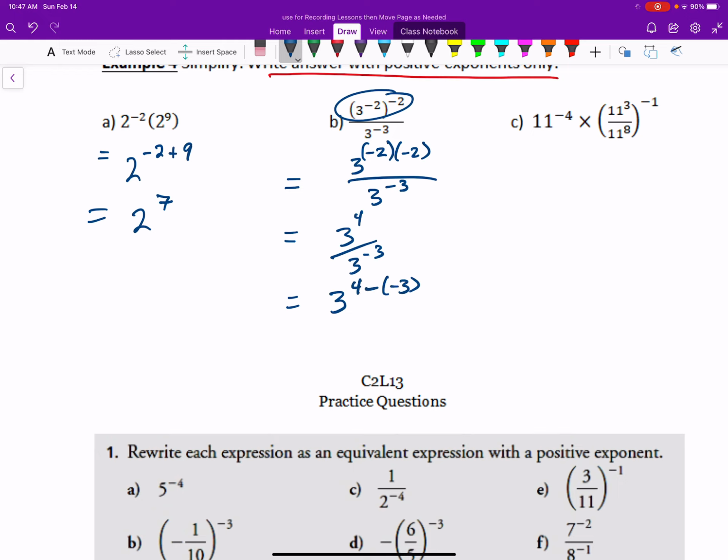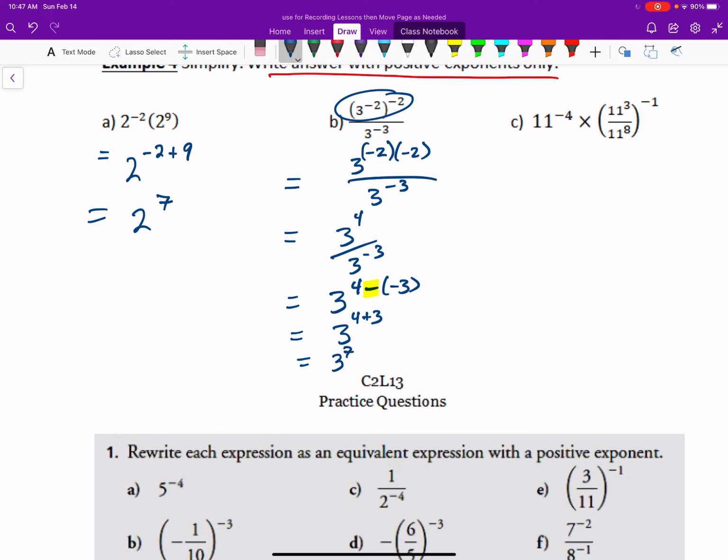The minus here is because it's a division, whereas the other minus was just the minus sign in front of the negative 3. So that actually becomes 4 plus 3, and so that would be 3 to the 7 when all is said and done. Again, I don't need to go any farther with this one.